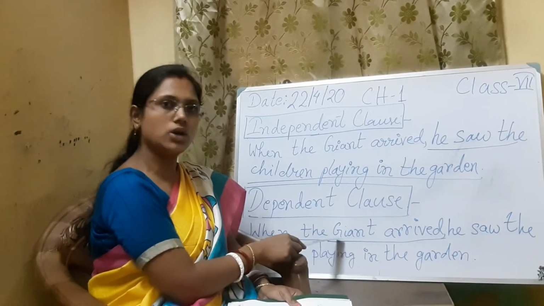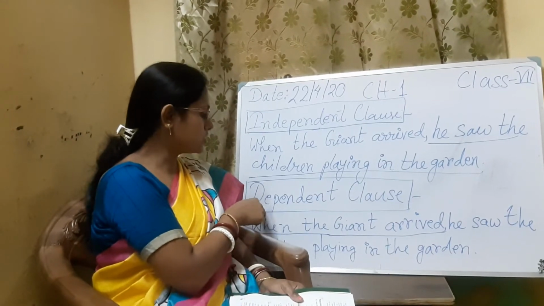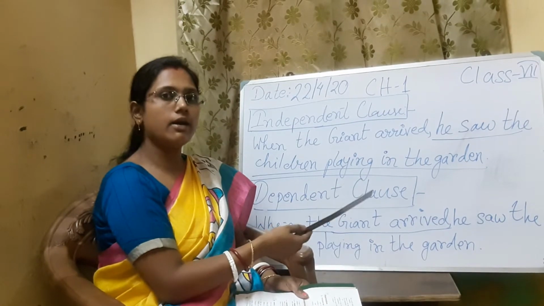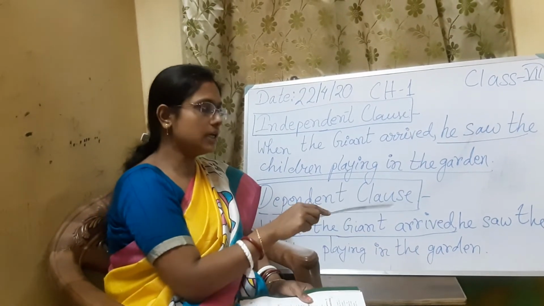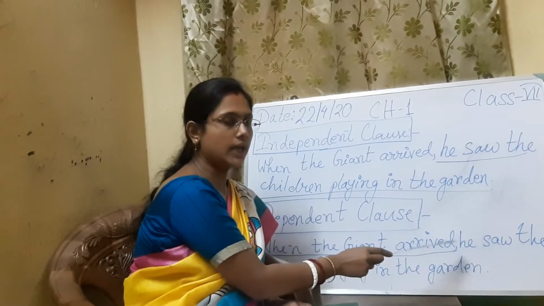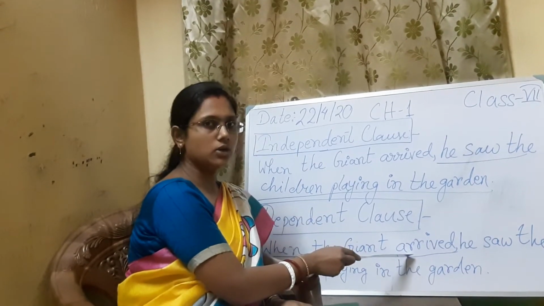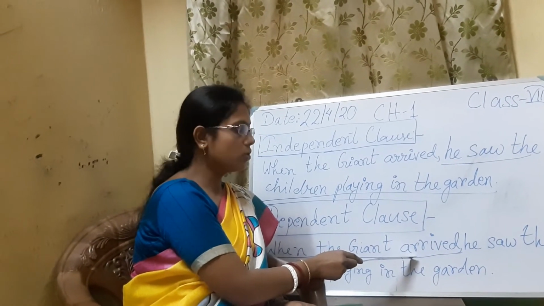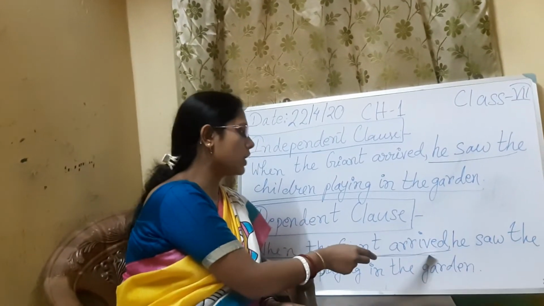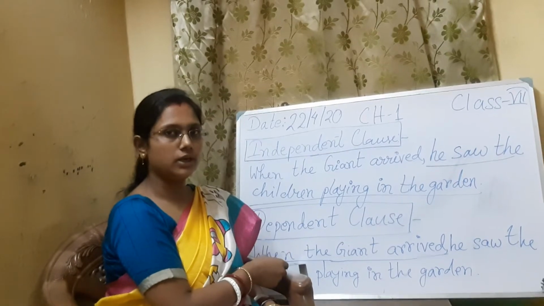That means the meaning is not clear. When refers to time. When the giant arrived, what happened? There is a question mark. That means the meaning of this clause is not clear. So it depends on some other part to make its meaning clear. That's why this clause is called a dependent clause.